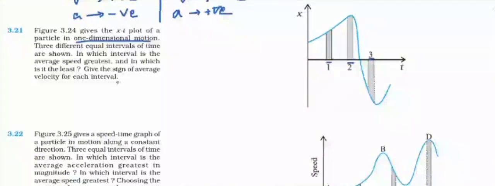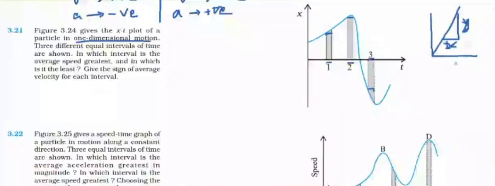From a position-time graph, you can calculate the average speed by taking the slope. So here you need to take the slope. Here also we can take the slope, here also slope. When you take the slope of a graph, slope is y part divided by x part.